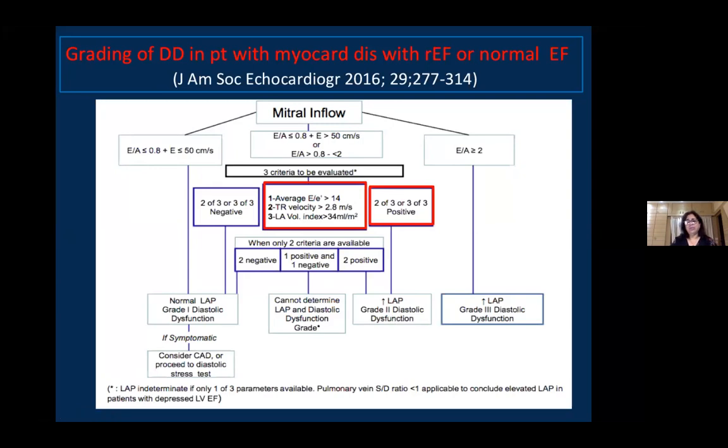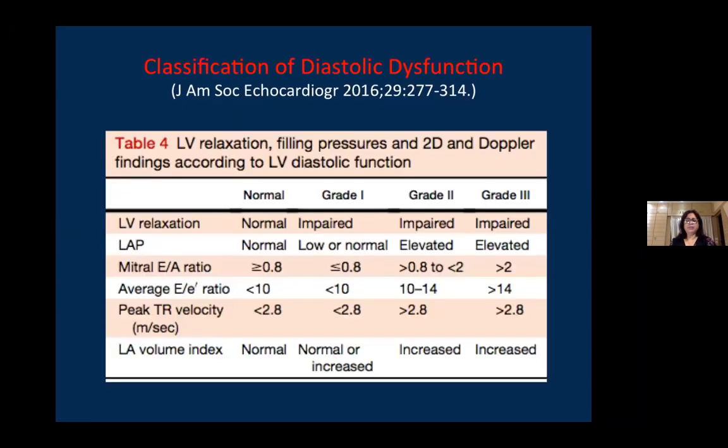Now, see, it happens. Sometimes we do not get all the criteria. Like some patients might not be having tricuspid regurgitation. So what we do, I'm going to show those cases later on.